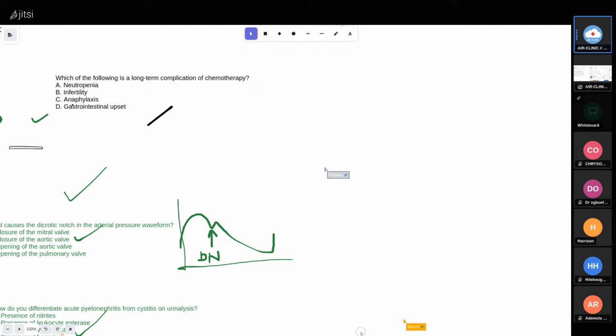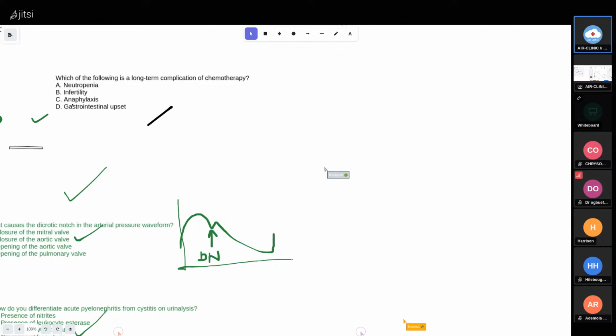So from one of the cusps, the one on the left, the left coronary artery is going to come from it. As that left coronary artery leaves the cusp of the aorta, as it's coming down, it's going to give off a branch, which is known as the left circumflex.